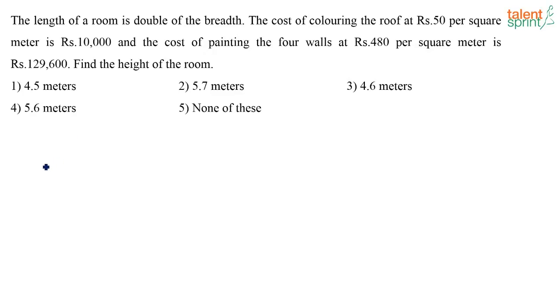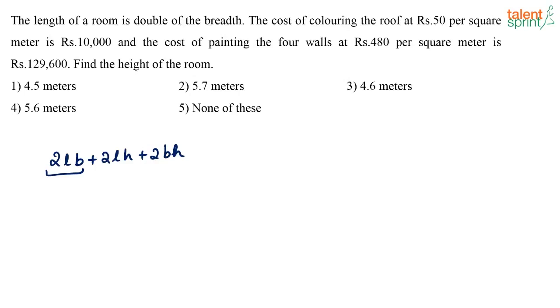So generally how do you represent the total surface area of a cuboid? It is given by this formula, right? 2LB plus 2LH plus 2BH. What does this 2LB represent? This 2LB represents the floor and the roof. When you consider the floor and the roof of a room, which dimensions do you look into? You look at the length and the breadth.